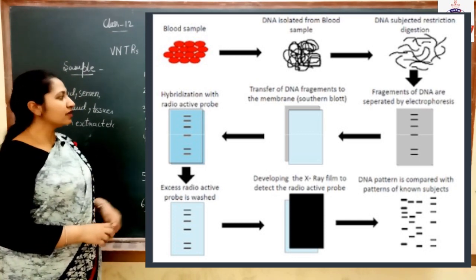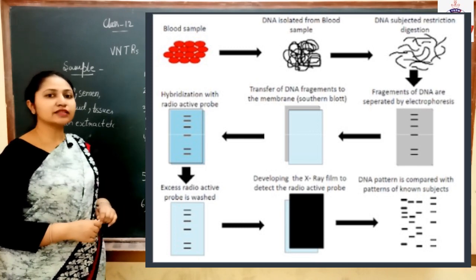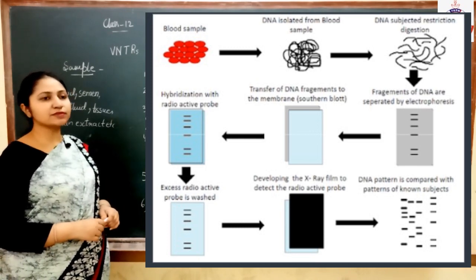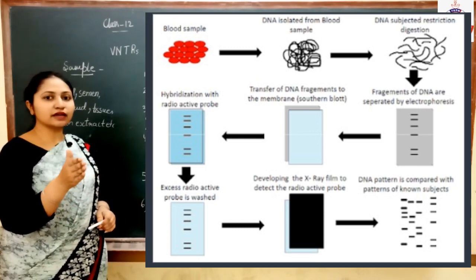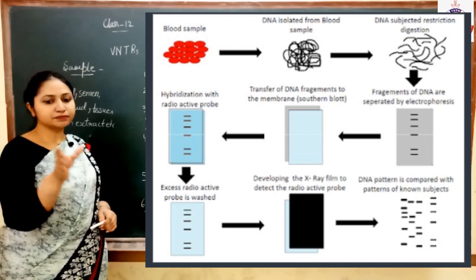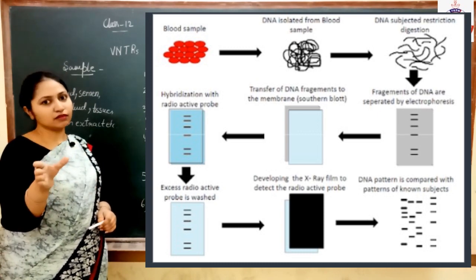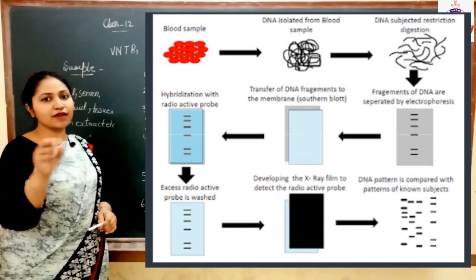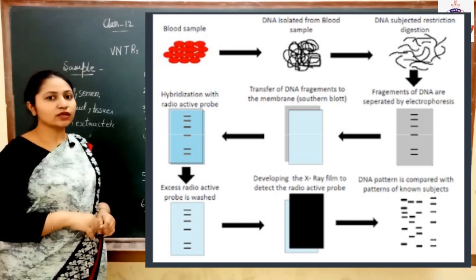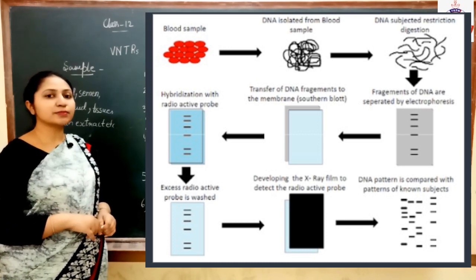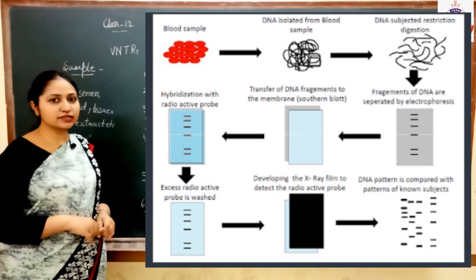Now next are the restriction enzymes. With the help of the restriction enzymes, the DNA fragments are cut and produce DNA fragments having the VNTRs. These restriction enzymes produce the cut at the specific site.